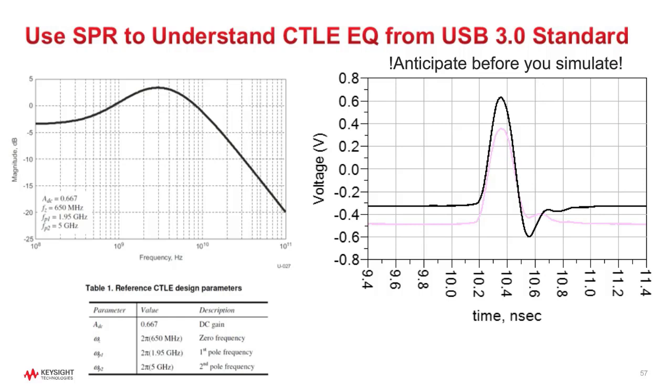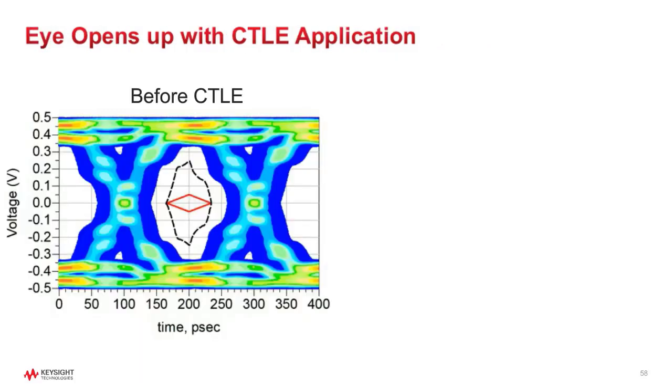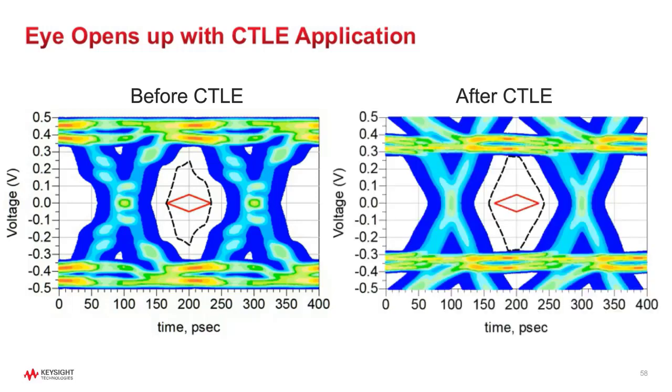So everything is consistent with what we expect. And if we look at the eye, before CTLE is very close to the eye mask, we should expect after we apply the CTLE, the eye to be open. And sure enough, the eye is open after CTLE, both horizontally and vertically.